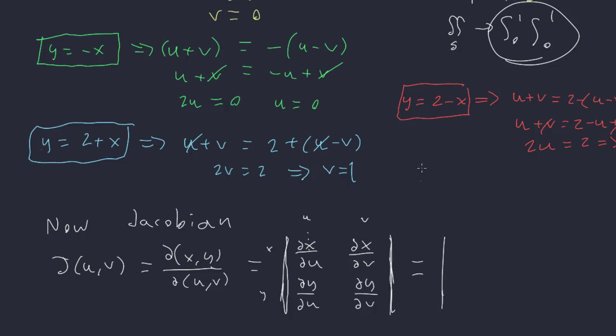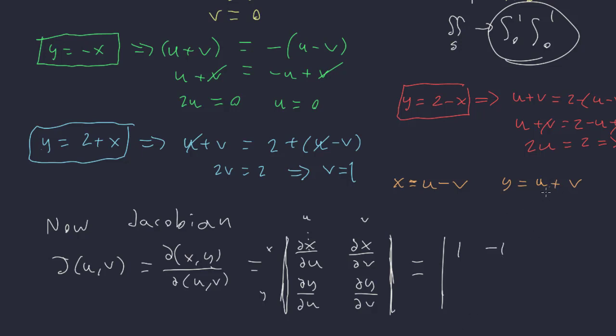So, let's put these in. Just to remind you what our transformation was. Right? x was u minus v, y is u plus v. Okay, so the derivative of x with respect to u, well, it's going to be this derivative with respect to u, so that's going to be 1. And the derivative of x with respect to v, that will be negative 1.